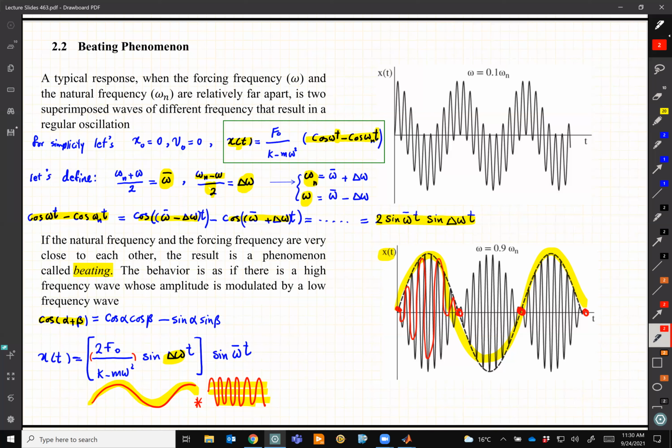Yes. I'm just wondering, for the definition of delta omega, shouldn't it just be the natural frequency minus the other one? This is the way that we define it because we wanted our equation to look nice, but you can define it differently. So that's a good question.